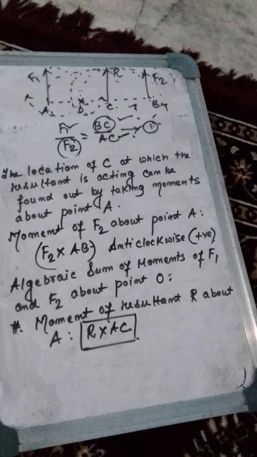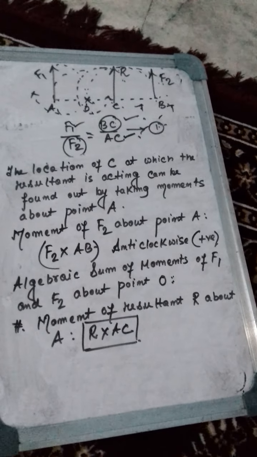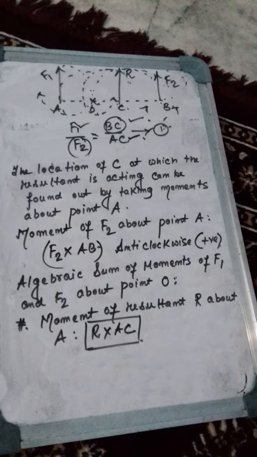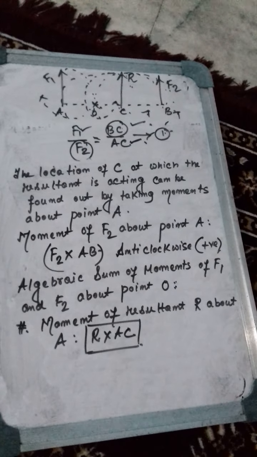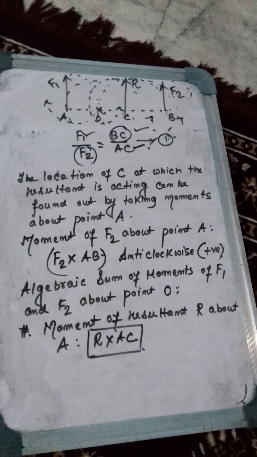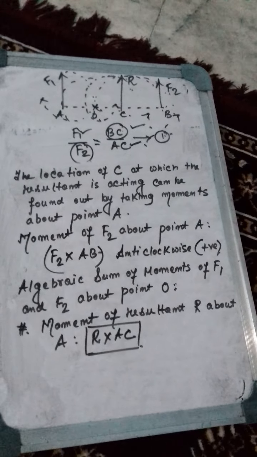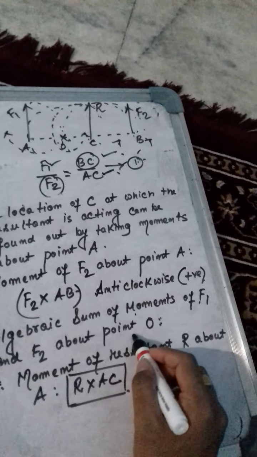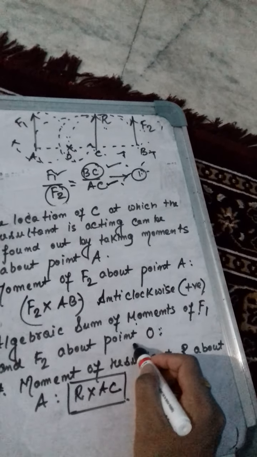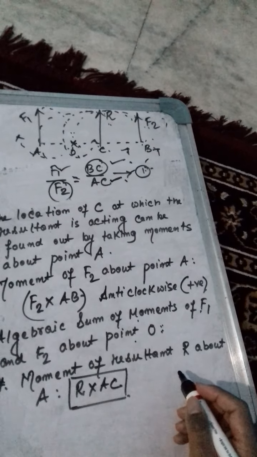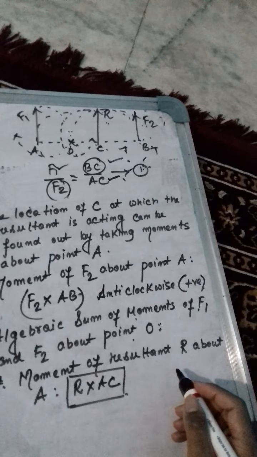Now the moment of resultant R about A is equal to R into AC. Very good. Now let us see the sum of moment of F1 and F2 about point A.